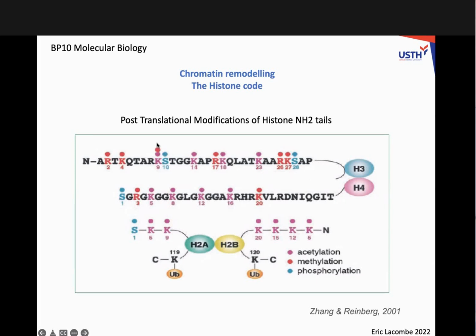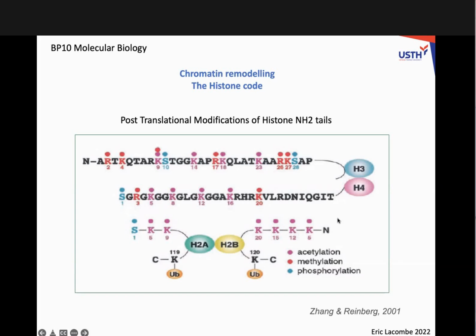For example, the lysine of histone H3 at position 9 can be the site for 2 different types of modification. The purple spot means this lysine can be acetylated, and because of the red spot, it can also be methylated.